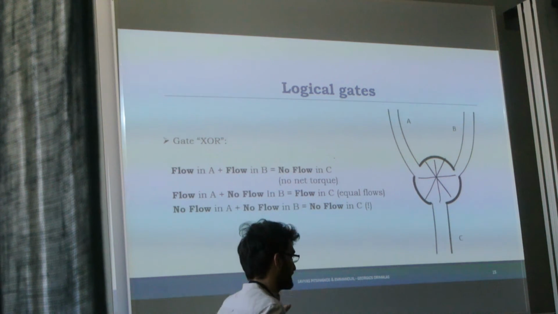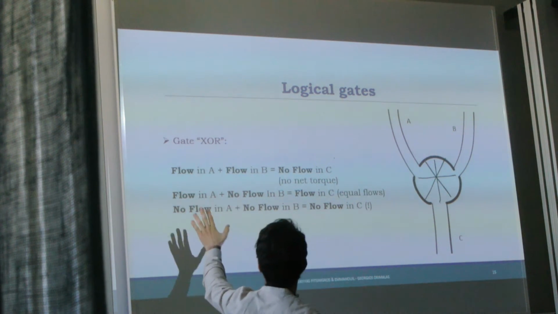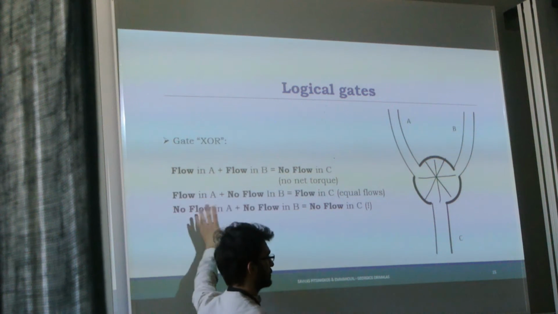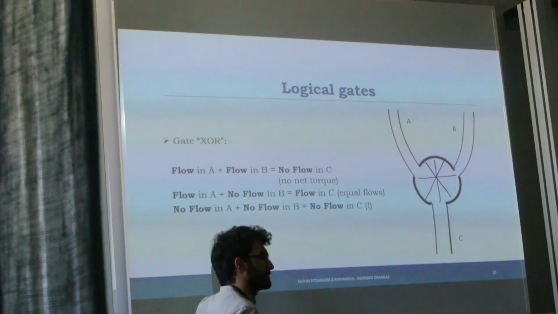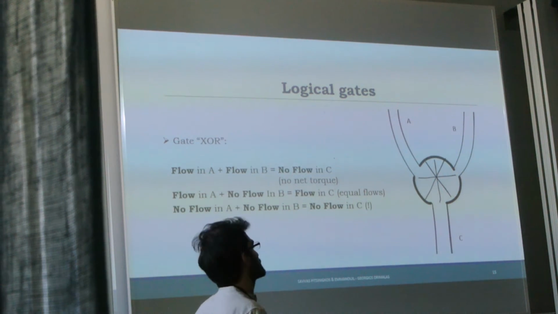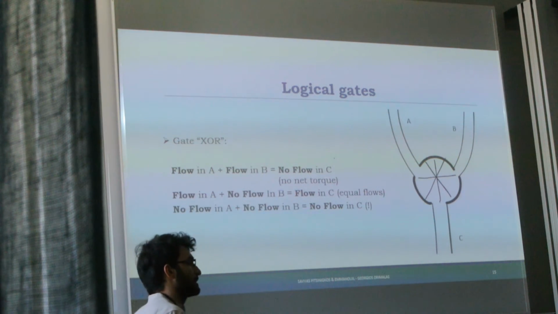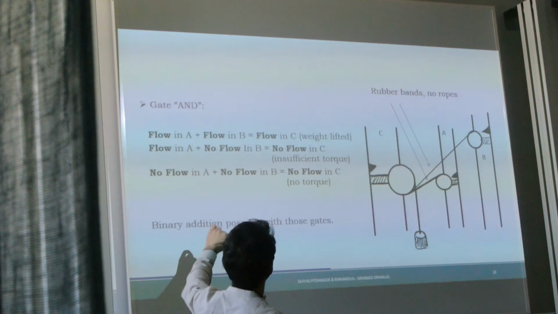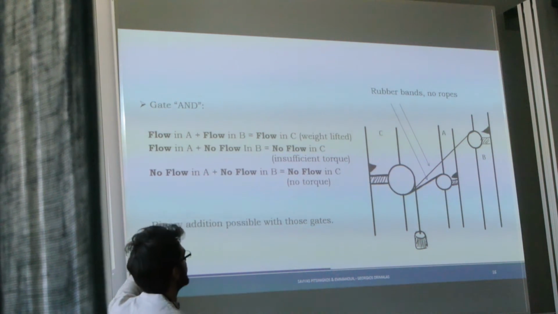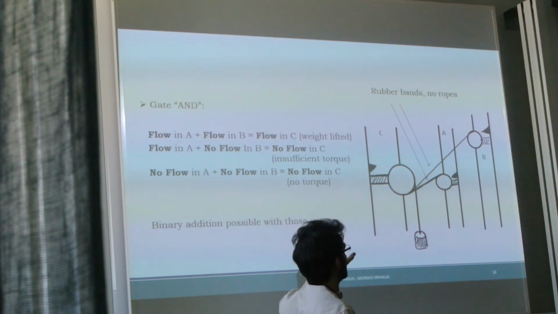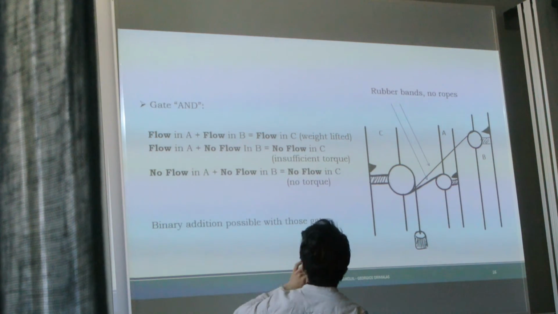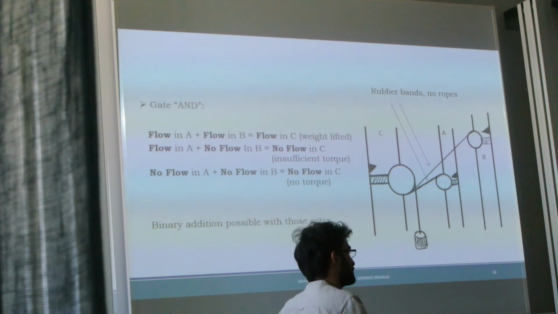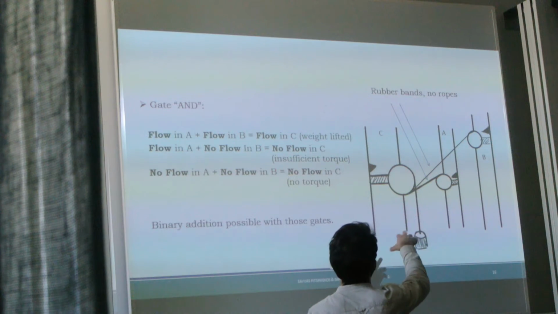And we also have logical gates. Here is the XOR gate, where we can see that it satisfies all three logical relations on our circuit. And we also have an AND gate, which also applies the flow, the logical relation between the circuit parts.